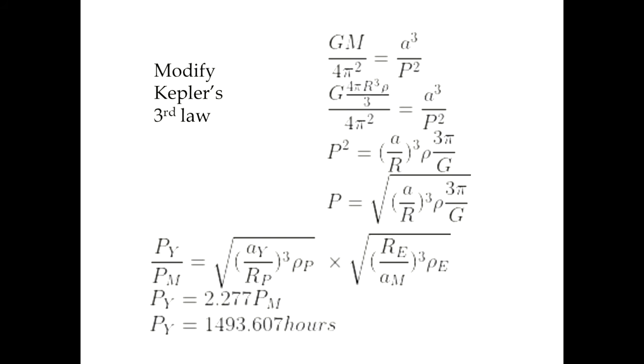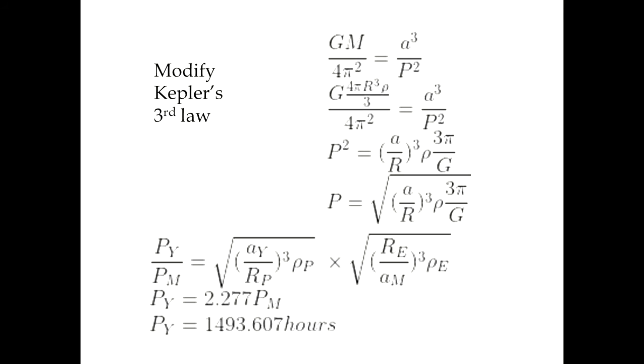So that is why in the beginning we were given a over r, or the distance between the two objects divided by the radius of the planet. Alright, now we know that the moon of the planet revolves around it every 1493.607 hours. Well, what does that do for us?